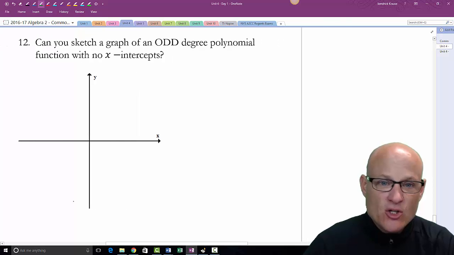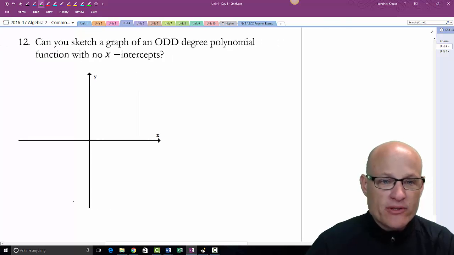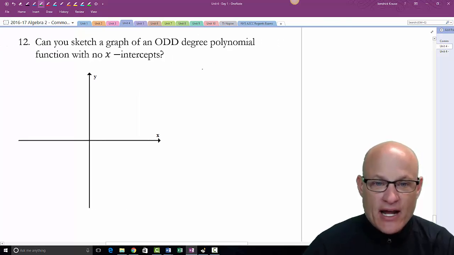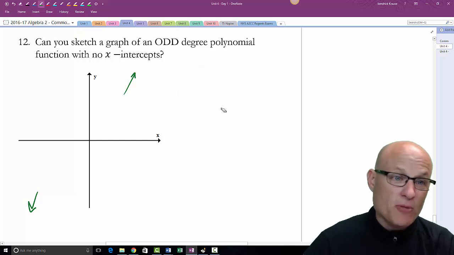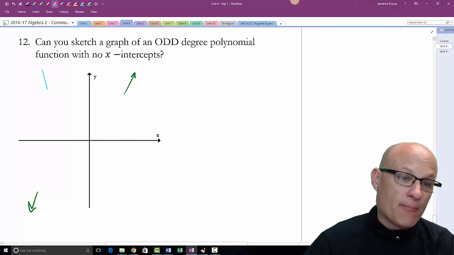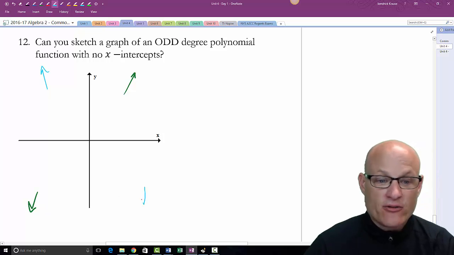can you sketch a graph of an odd degree polynomial with no x-intercepts? Now don't forget, an odd degree means it's going up in one direction and down in the other direction. So somehow I've got to connect those two lines.